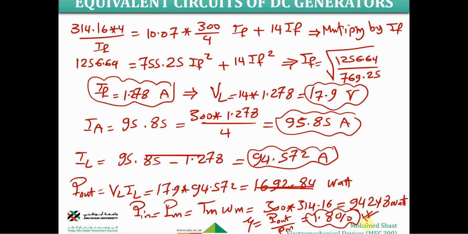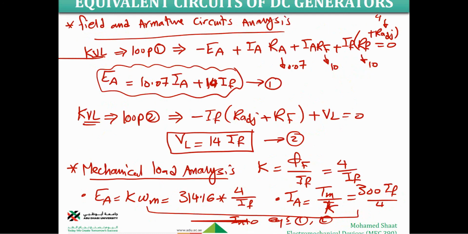If I got such a number for the efficiency of the DC generator, it means you have to double check your calculation. Because this is too small a value, you should be in doubt of this calculation, whether it is correct or not.